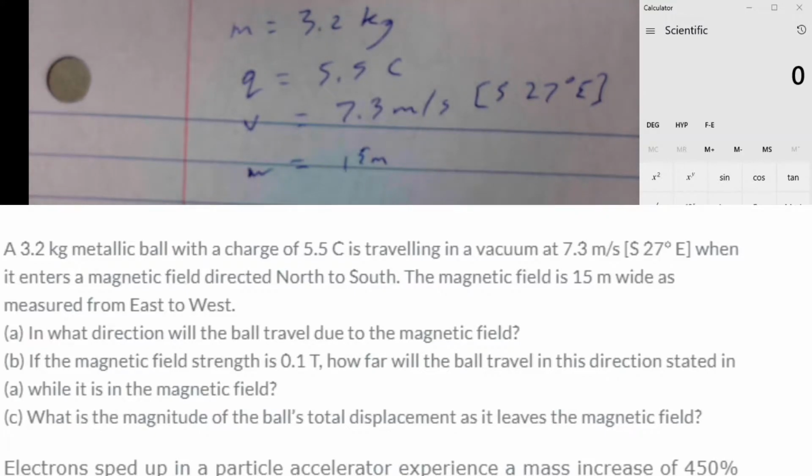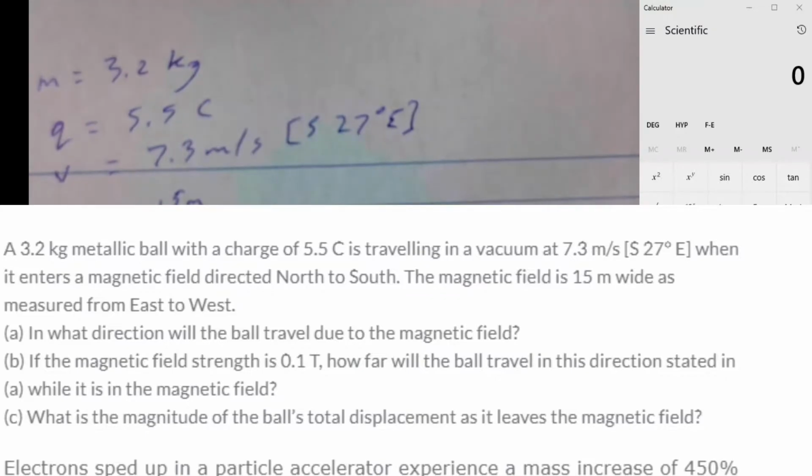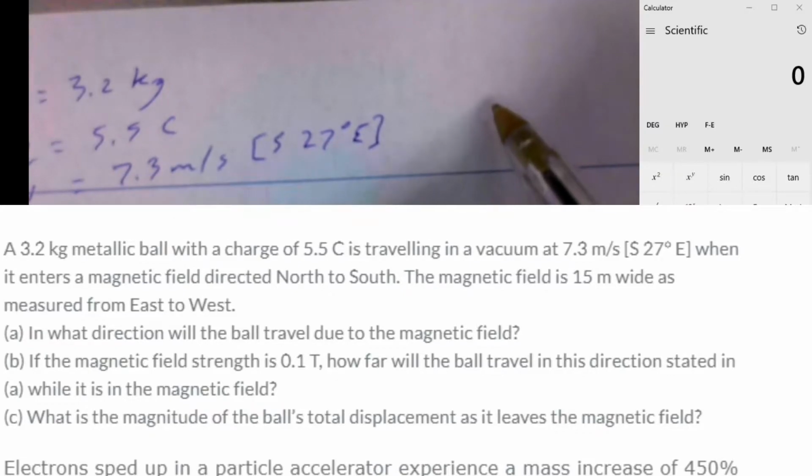So we need to use one of our right-hand rules to figure this out. If you recall, for the right-hand rule, when we're looking at where the force will be applied, our magnetic field is directed east to west.